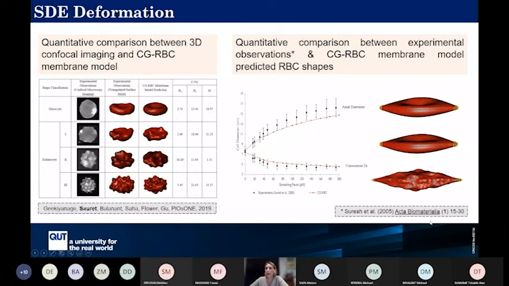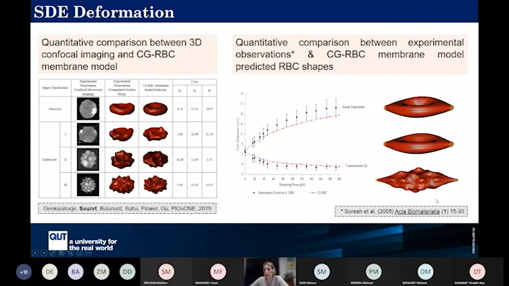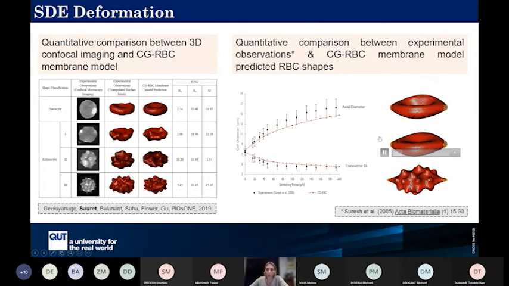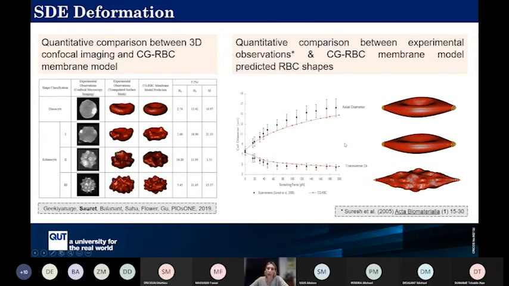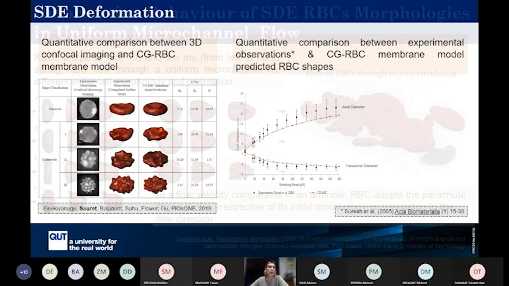The other good point is that we can also stretch all the other morphologies, and so we can clearly see that depending on the morphologies, the level of force that you need to stretch those different shapes is different, and that can be used basically to evaluate their deformability. That is important as a characteristic for filtration by the spleen, for example. So that's one of the characteristics that is used.